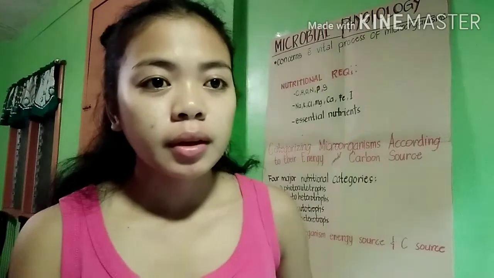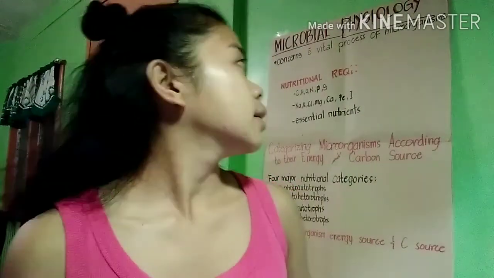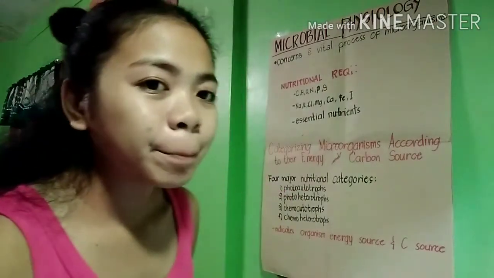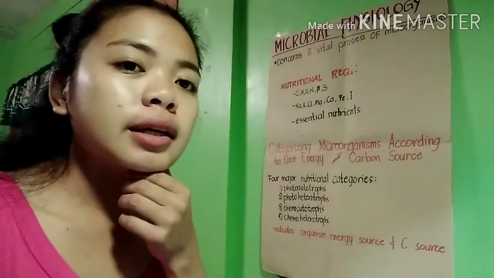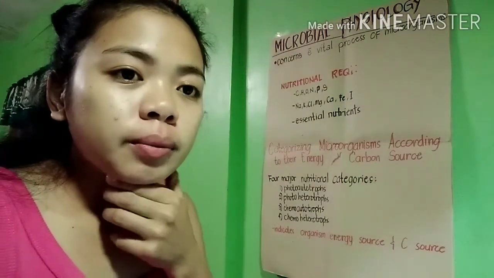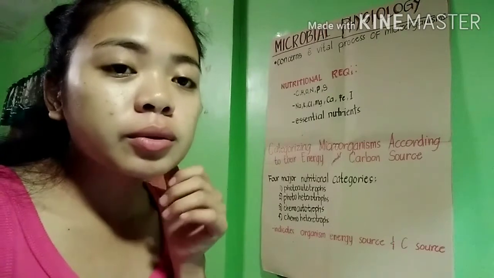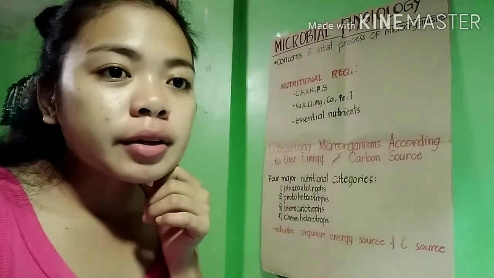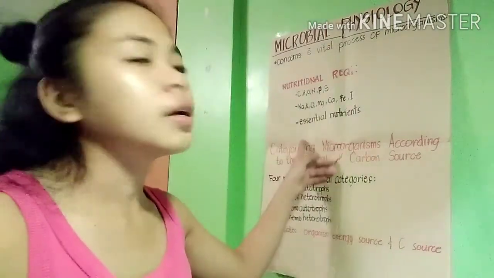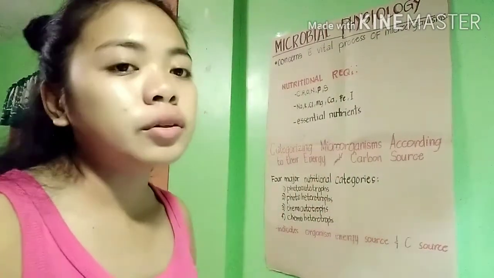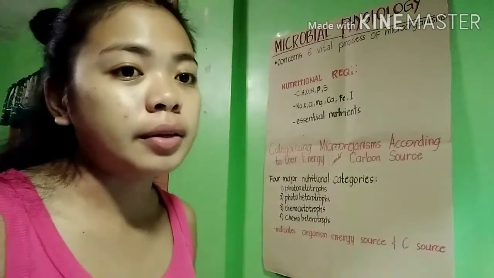A microbe needs carbon, hydrogen, oxygen, nitrogen, phosphorus, and sulfur, including sodium, potassium, fluoride, magnesium, calcium, iron, and iodine. So these are the essential nutrients that are needed in the body.